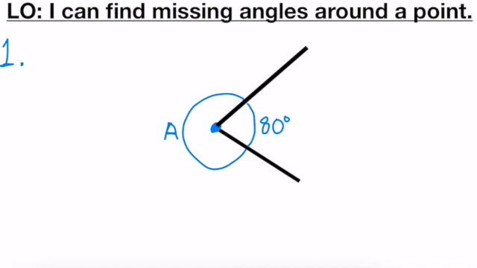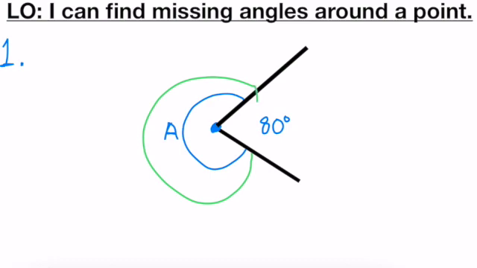Now, I've just told you that a full turn, a full circle, all the way around is 360. But I want to work out angle A. Angle A goes from here to here.